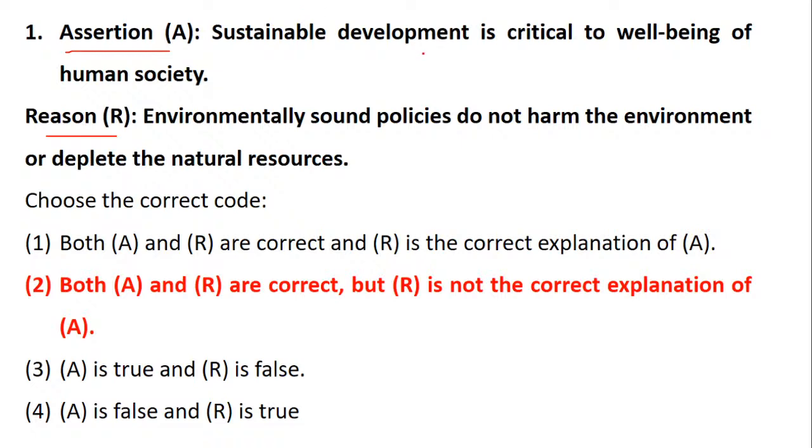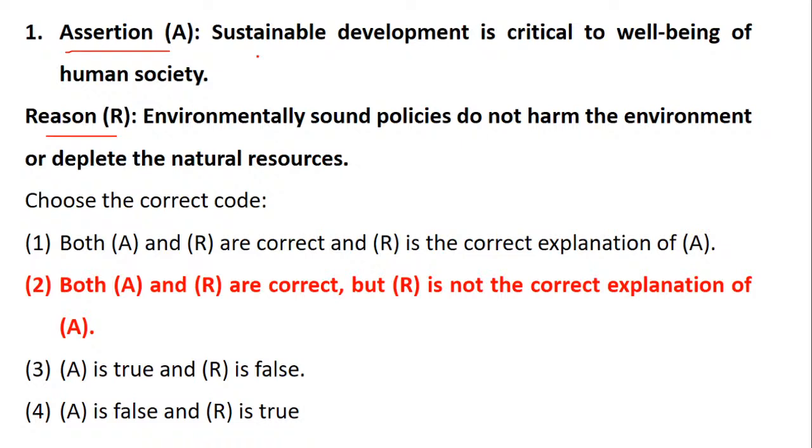Sustainable development is critical to the well-being of human society. Yes. It is definitely not easy to have sustainable development without human support, and if the cooperation is not there, if things are not falling in place, it is definitely critical to the well-being of society.